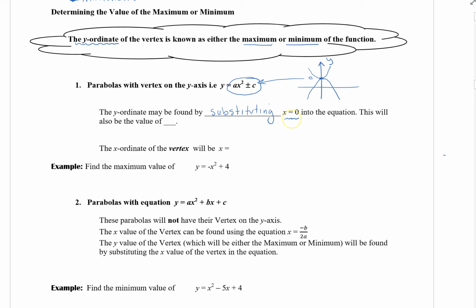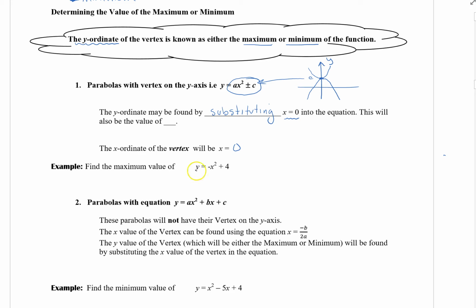Now you might have to read that and process that a few times, but please do that so that you know how to find the maximum value when the equation is in this basic form. The graph would have its vertex on the y-axis. The x-ordinate of the vertex for these is at x equal to 0. That's what it means to be on the y-axis.